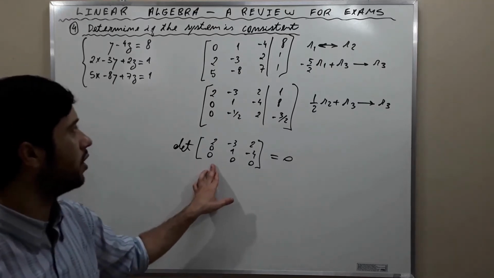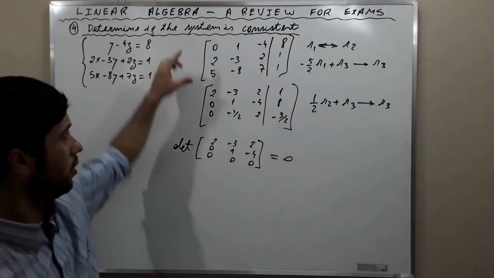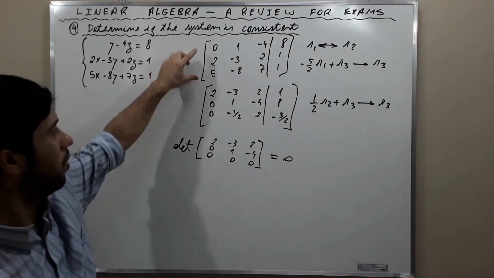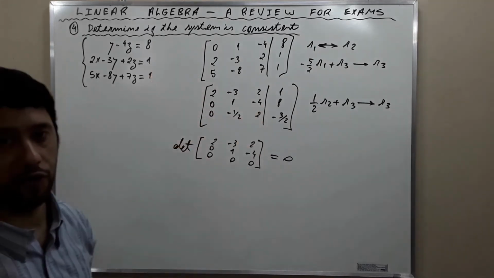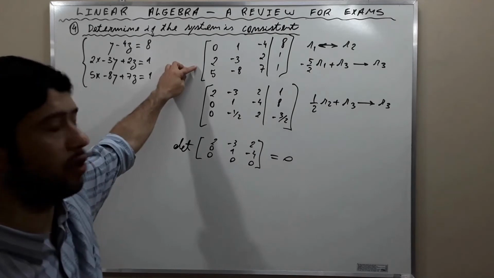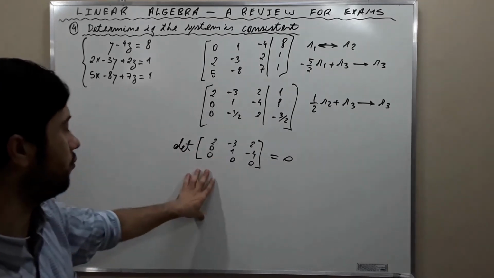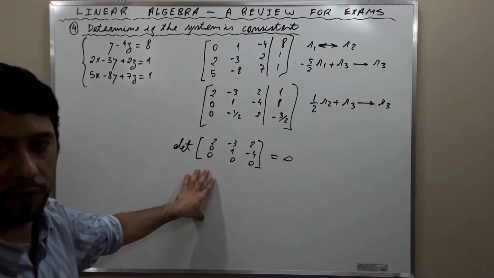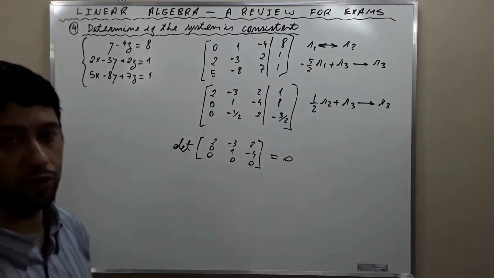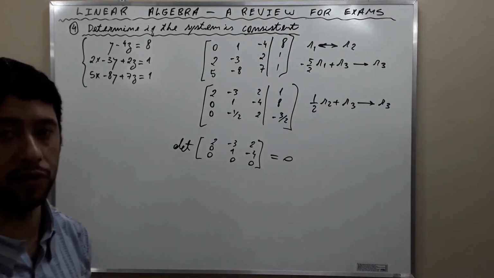Whenever the determinant of this matrix here, or any other matrix that results from the operations on the augmented matrix, is equal to 0, the system is inconsistent.